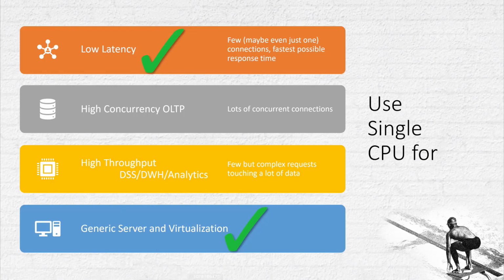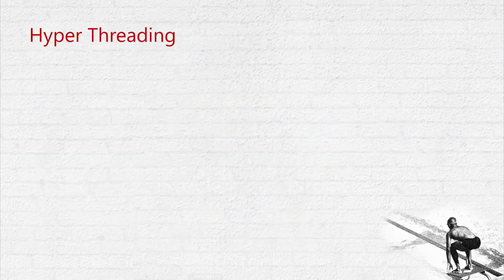That's a lot of computing power. Most SQL servers are very, very happy with that, and already very expensive through licensing. Also, for low latency, you want the highest possible clock speed and not too many cores, because you only have very few connections anyway, so it's better to have a few connections run at the highest possible clock speed. For generic servers, you probably want more cores, but still not multiple CPUs.